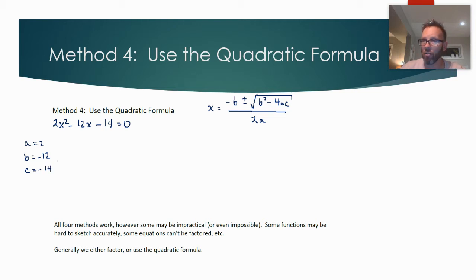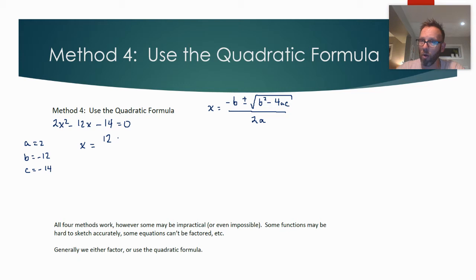And if you can imagine how many different high school math teachers there are in Ontario or even Canada or the world, all of them have their preferred way of working with the quadratic formula. So I'm going to show you how I would do it, but if you have a way that you're comfortable doing it, that's totally fine. So I'm just going to plug right in. Negative b would be 12.